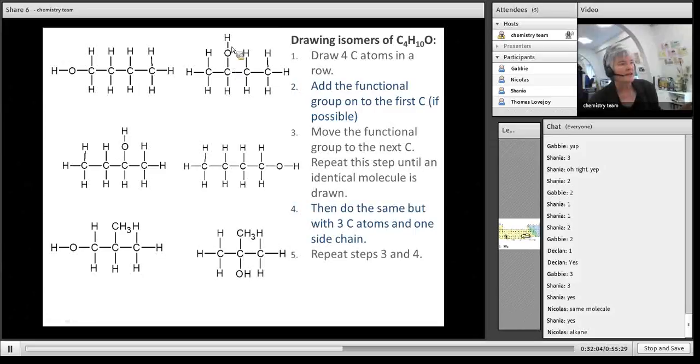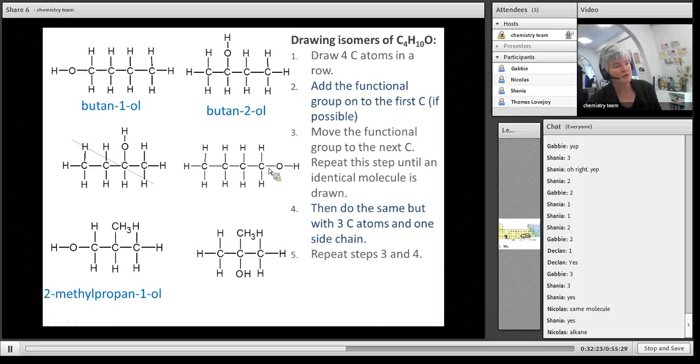If I move it to the third carbon, can you see I'm just going to get this molecule back again? So here I've moved to the third carbon, and it's butan-2-ol. And can you see this is butan-2-ol again? And then I've moved this one to the fourth carbon, and can you see this one is butan-1-ol again. So this is not another isomer.